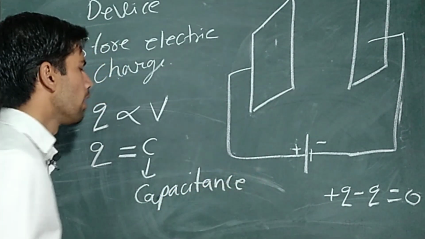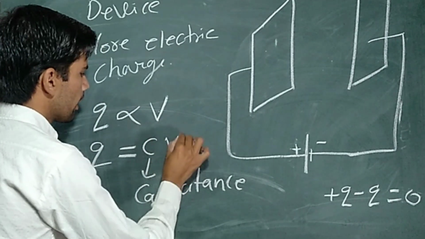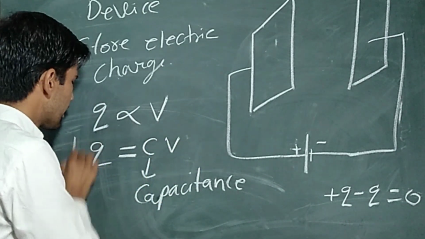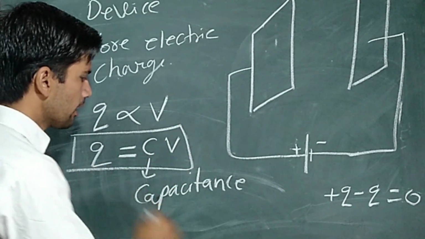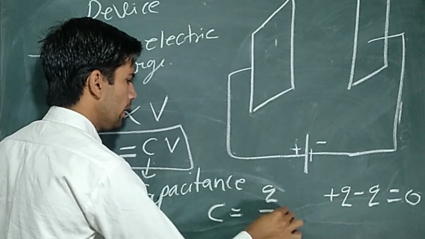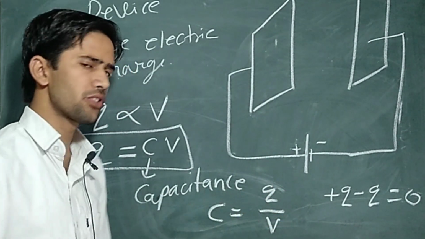Now Q is equal to CV is the general formula, and we can take C is equal to Q by V.